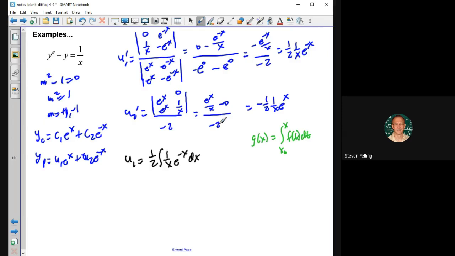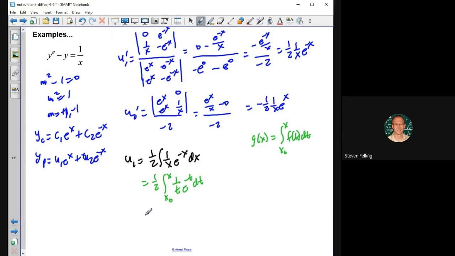And so what we're going to do is say this is equal to 1/2, from some starting value to x, of the integral 1 over t e to the negative t dt. Okay, and we'll just leave it in that form, meaning that if somebody wanted to, they could use that form to find a numerical solution with a computer, because it's ultimately the area under this curve from some starting value to an end.